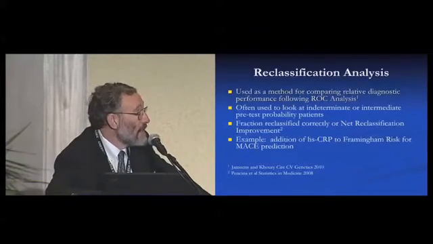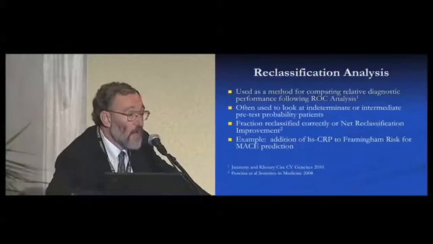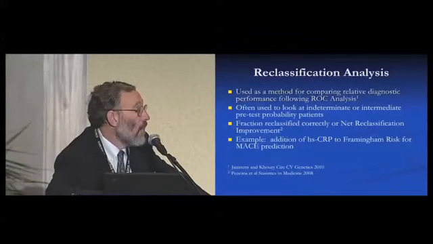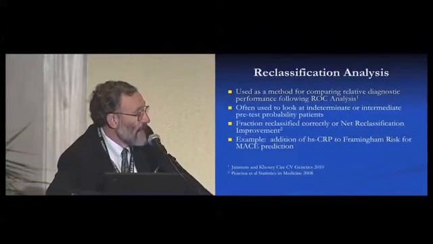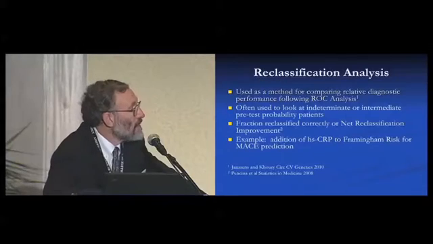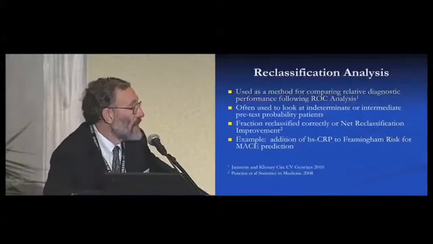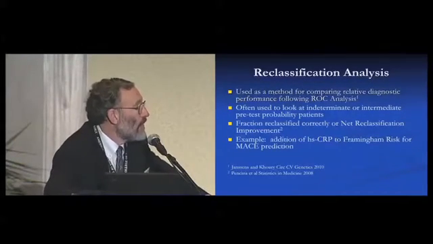You can look at this either at what fraction of patients are reclassified correctly, or in a more stringent approach, what the net reclassification improvement is. This has been used, for example, with HSCRP adding to Framingham risk, where it does reclassify significantly, even though it does not improve the C statistic or area under an ROC curve.